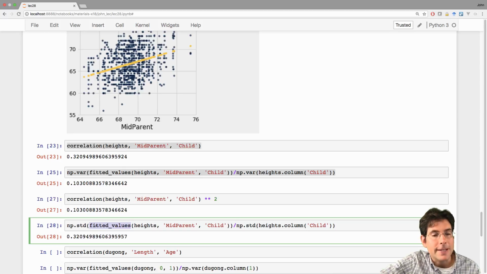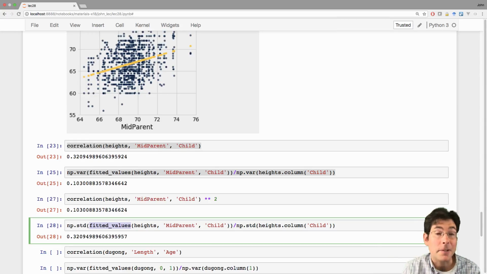So to reiterate, the standard deviation of the fitted values falling on the regression line divided by the standard deviation of the actual y values is the correlation coefficient. Is this a new way to find the correlation coefficient? Well, perhaps. But so far, in order to compute the fitted values, we computed the correlation coefficient in order to compute the slope of the regression line, in order to compute the fitted values.